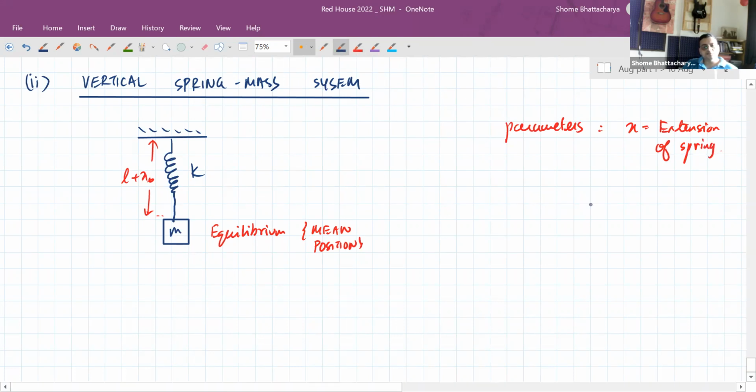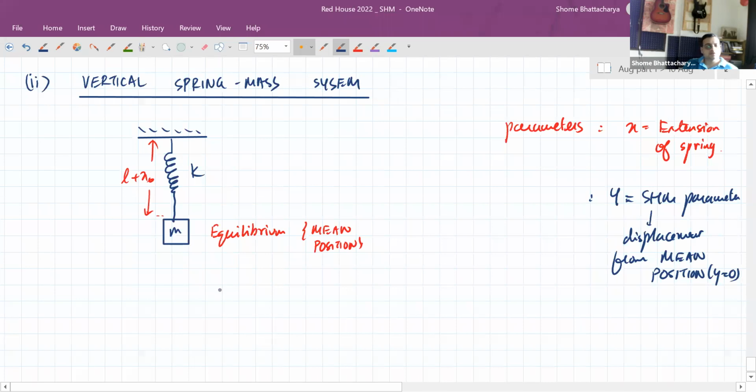Whereas we will use another parameter Y, which will be the SHM parameter, the displacement from mean position. So our mean position will be taken as y equal to 0. This is where our y-axis will start from, and this will be the sense of our y-axis.